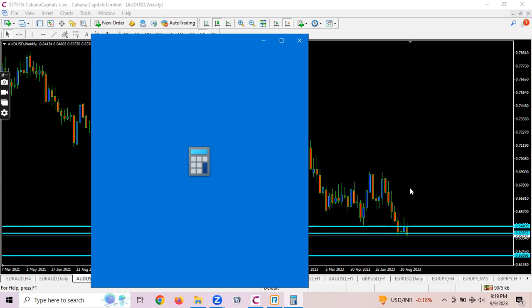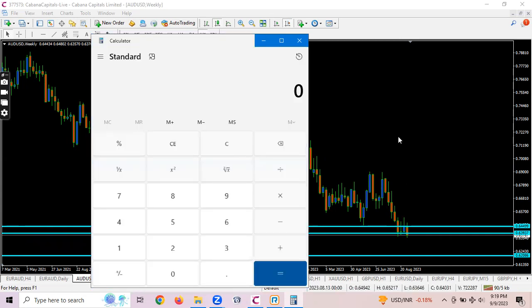I believe you know how to get the pivot value of the candle. You add up the high, low, close price of the candle, then you divide it by 3. Whatever value you get is your pivot value. So let's add up the values.